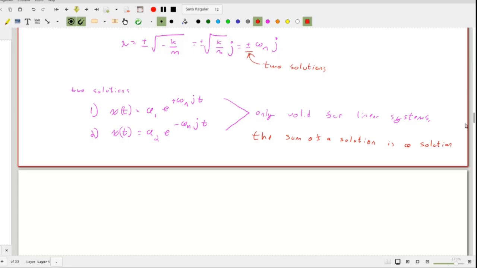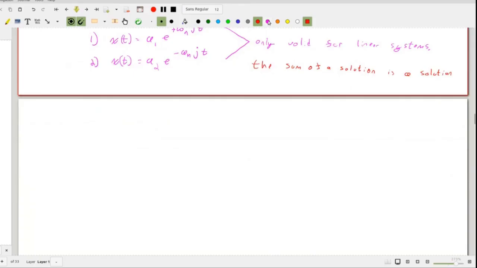So that gives us x(t) = a1 e^(+ω_n j t) + a2 e^(-ω_n j t), right?